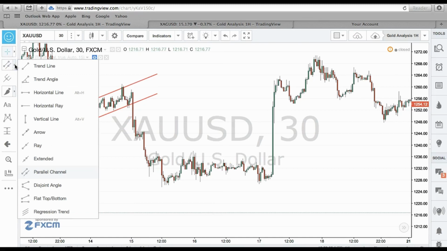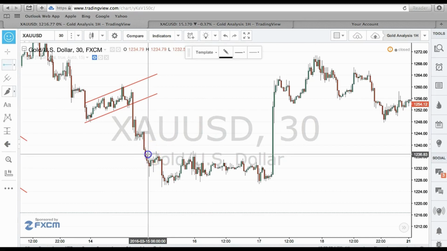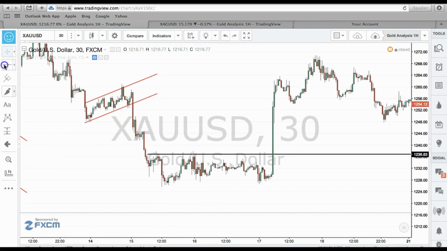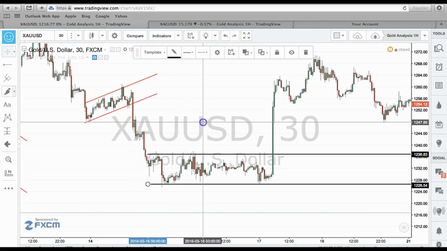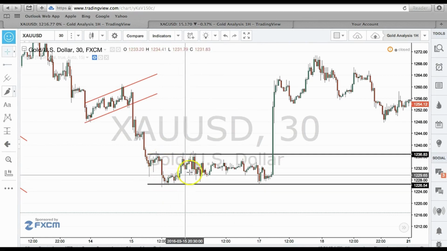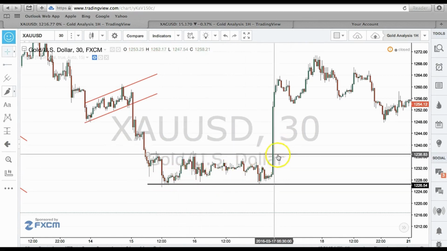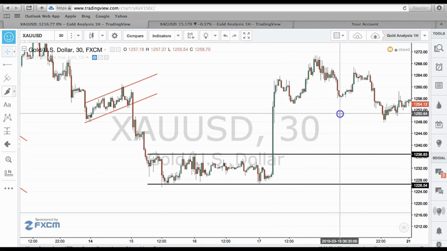And they don't have a tool for a sideways channel, so you just have to use 2 horizontal rays. You'll notice that in the sideways channel, price was ranging and then broke out right here from about the 1235 area all the way to about 1262 for almost 300 pips.